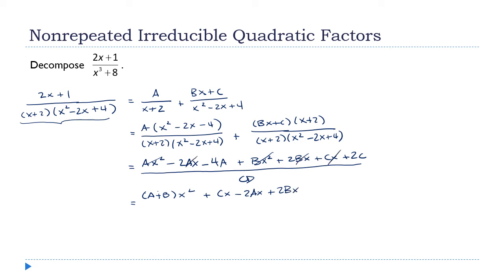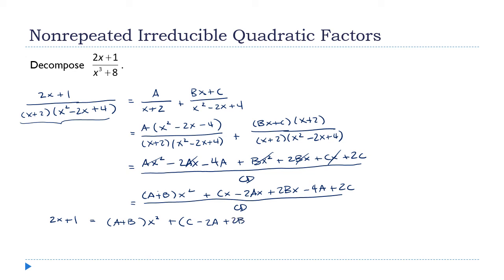Plus 4A plus 2C. Now we're almost there. I just have to factor an x out of the middle part, and let's get rid of the denominators by multiplying through by the common denominator. We end up with 2x plus 1 equals (A plus B)x squared plus (C minus 2A plus 2B)x plus (4A plus 2C).